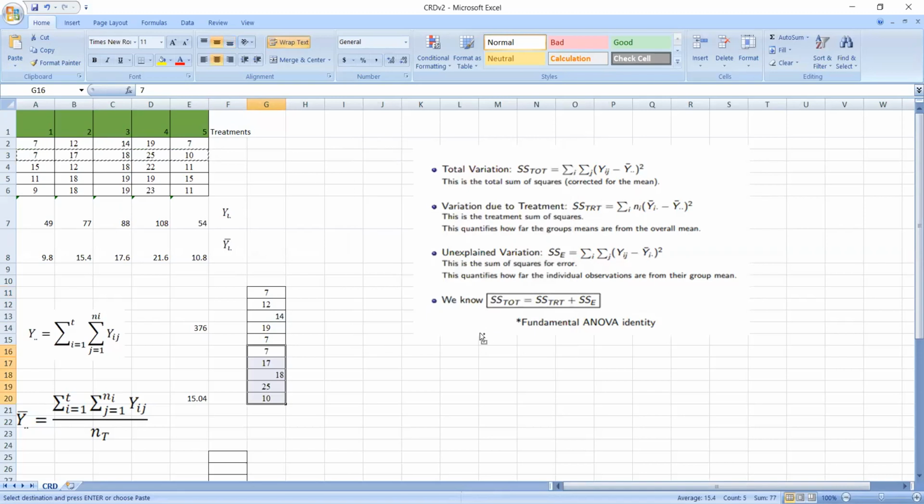Okay, or else we'll do it like this. Here I'm going to take the first column, that is all the observations under treatment 1.